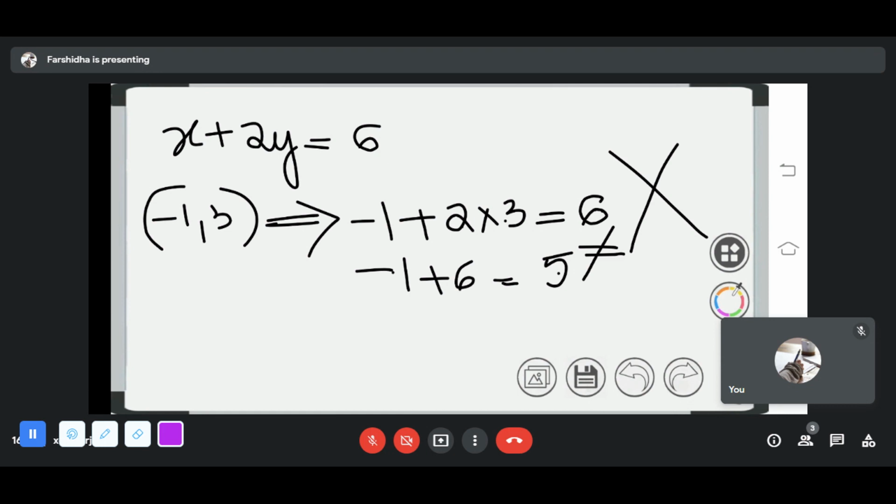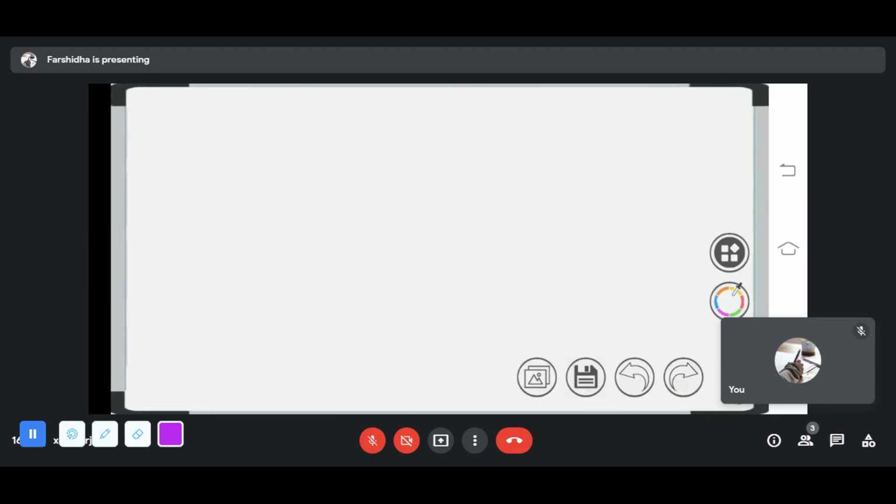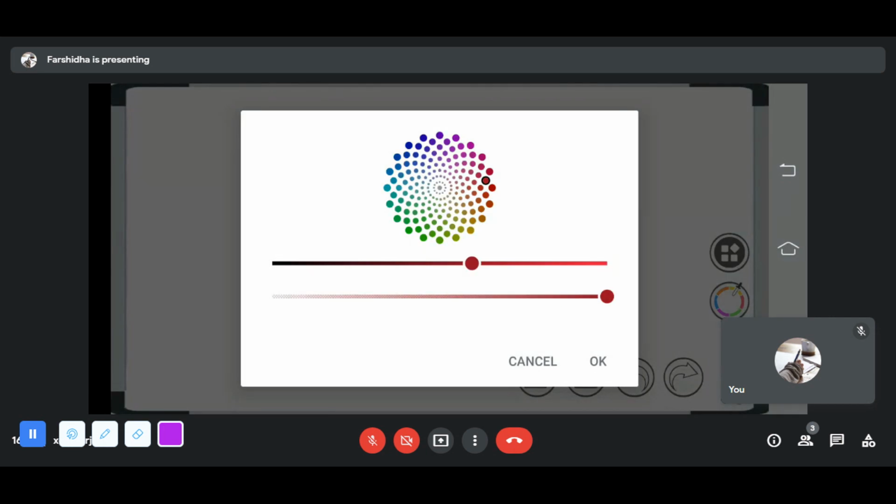So only one equation satisfies. What is that equation? Third one. y equal to minus x plus 2. At last you can write like this.